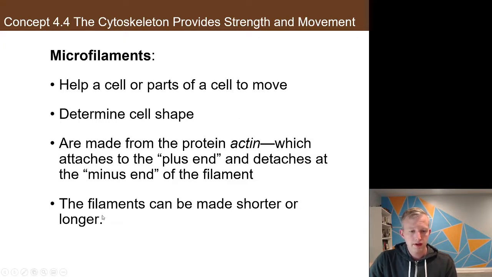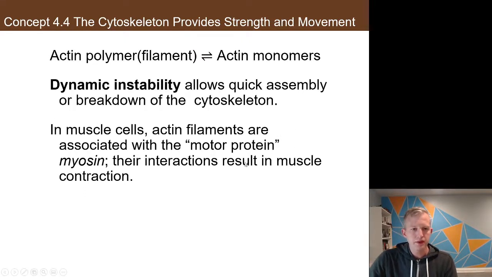And then these can be made shorter or longer, and the process of that is kind of cool. They can actually extend from both sides by being built up or broken down from the ends. And so they're not really stretching or growing in a traditional sense like we might think, but rather they're being actively built up and actively broken down. And this is a process called dynamic instability.